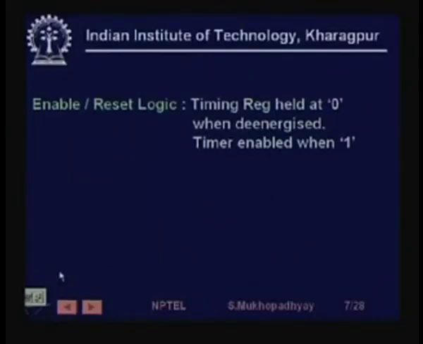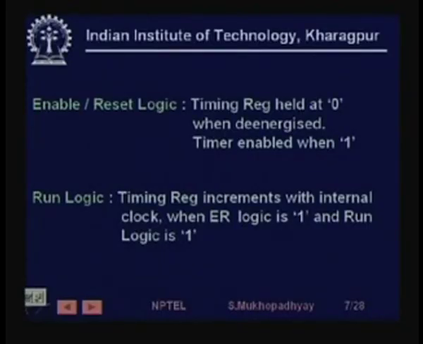To recapitulate, we have enable reset logic where the timing register is held at 0 when it is de-energized or 0, and the timer is enabled when 1. At that time the timer is ready to receive the clock pulses and increment its values. Similarly, we have run logic where the timing register increments with the internal clock when the enable reset logic is 1, that is the timer is enabled and the run logic is also 1, just what I said.